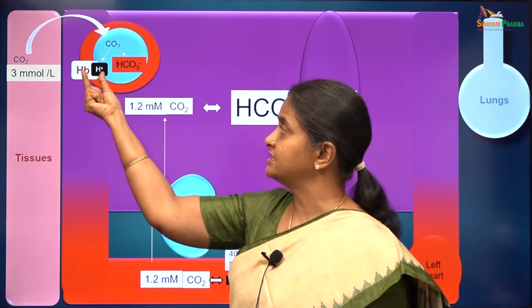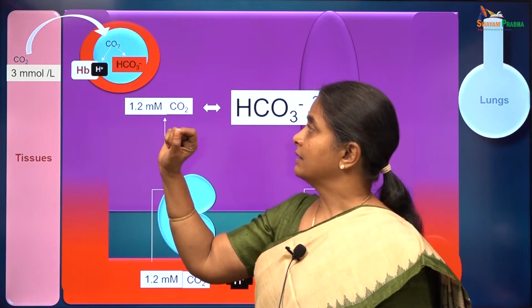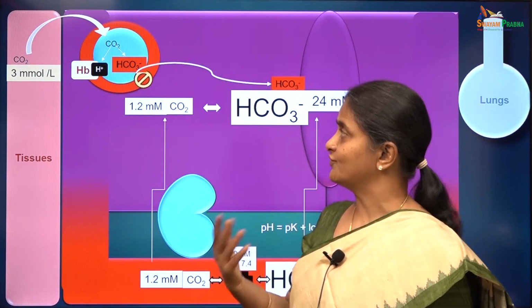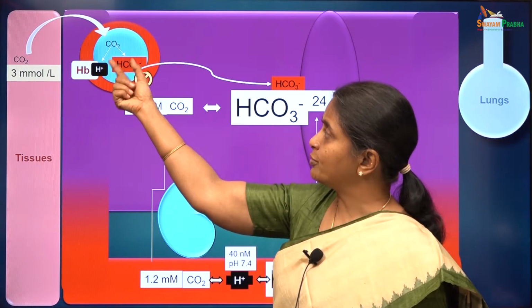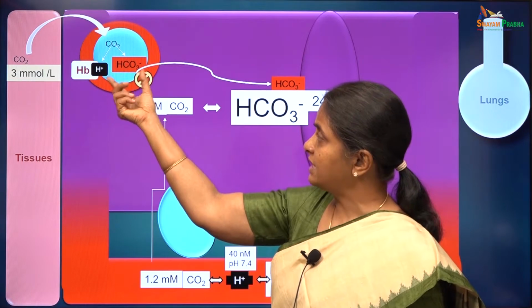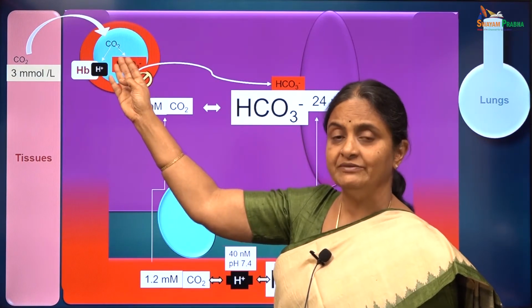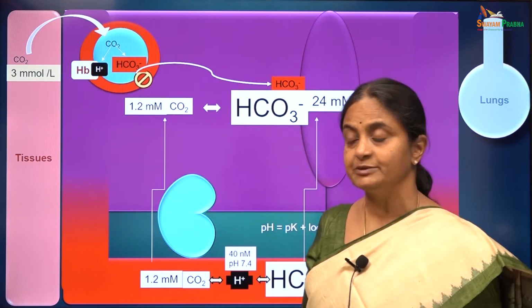This is the entity that we call reduced hemoglobin. Bicarbonate formed during the process also is removed from the cell by the anion exchanger, and because both products of this reaction keep getting removed, the reaction can proceed very robustly within RBCs, capturing all the carbon dioxide that is released by tissues.